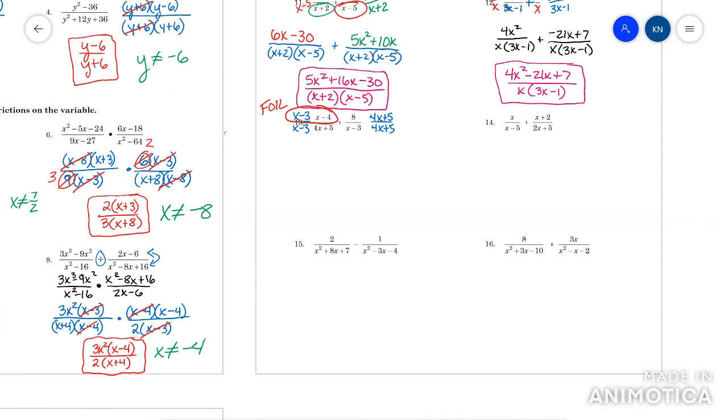So the FOIL there would look like x squared minus 4x minus 3x plus 12, which is really like x squared minus 7x plus 12. And it's over that common denominator. Just keep those separate.